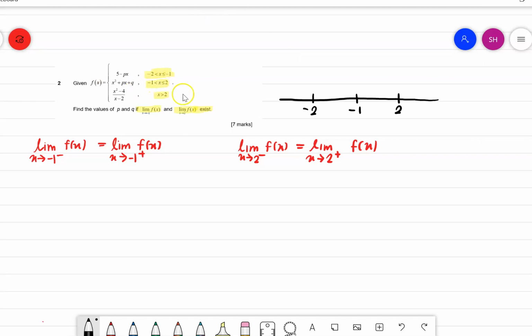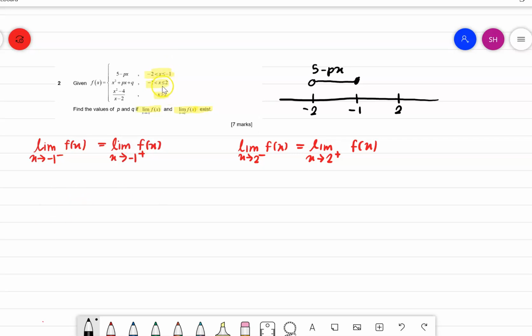Alright, so the first function, for x greater than -2, less than or equal to -1, the function is 5 minus px.